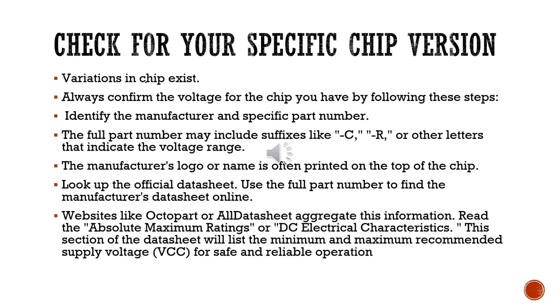Use the full part number and find the manufacturer datasheet online. Websites like Octopart or AllDatasheet aggregate this information. Read the absolute maximum rating or DC electrical characteristics. This section of the datasheet will list the minimum and the maximum recommended supply voltage, VCC, for safe, reliable operation.